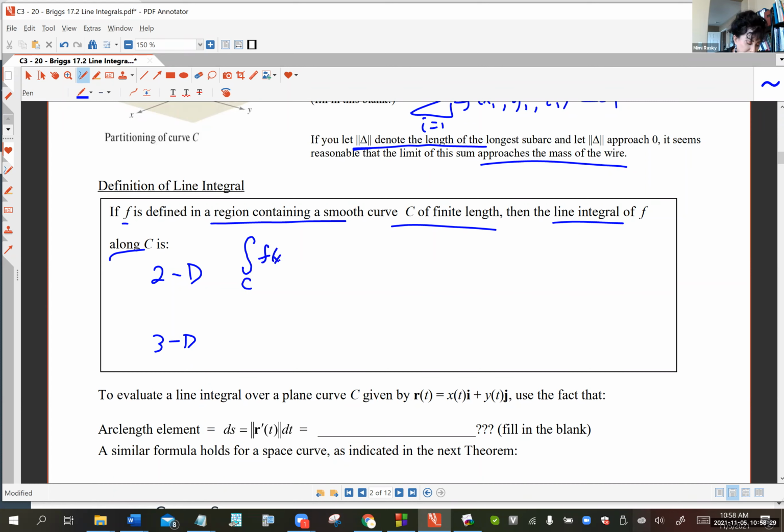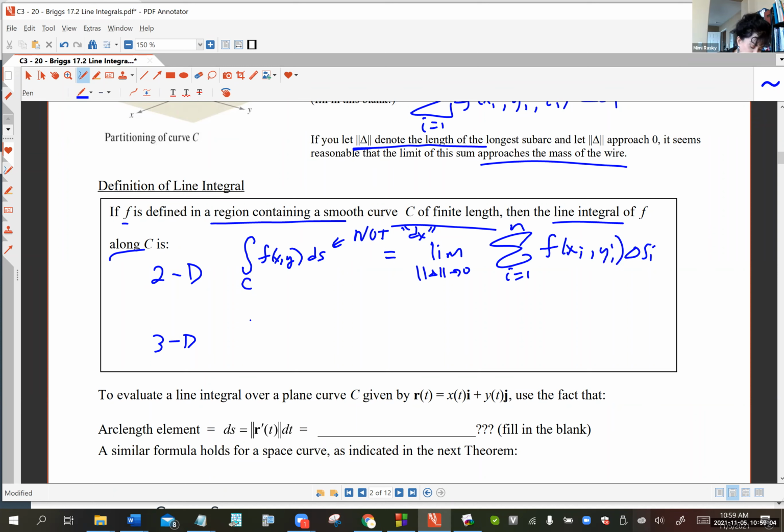And then you'll see the density function, and then ds, not dx. This is ds. So make a little note for yourself, because I will dock you points if you accidentally put dx there. ds, it's a little arc length element. And that is the limit as the norm of the partition goes to 0 of this Riemann sum, if you will.